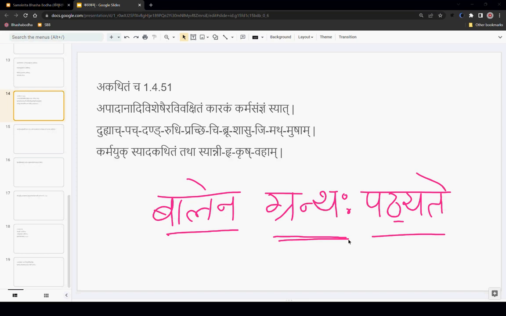Mahoday, in passive voice, the book is read, the literature is read by the boy. Right. But talking in terms of Karakam, why are they in Tritiya and Prathama? Why can't I say Balaha Grantham Pathyate?